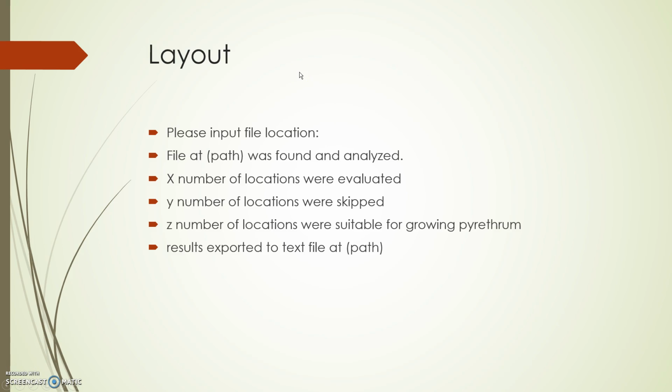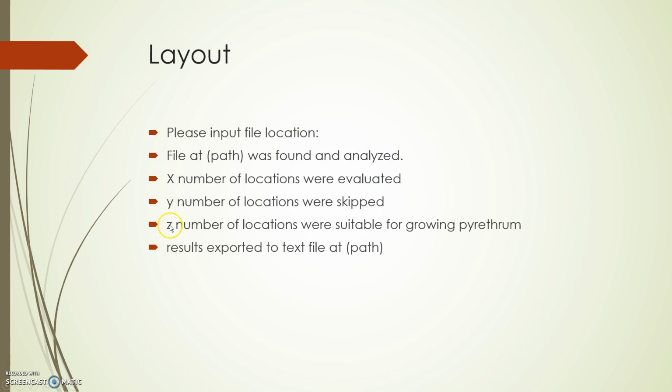So this will be the layout of our program for the user. It'll start out with an input of a file location. The user will be asked to input the file location, and then the program will output that the file was found and can be analyzed within our program.